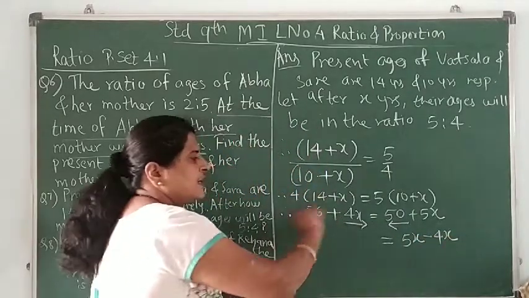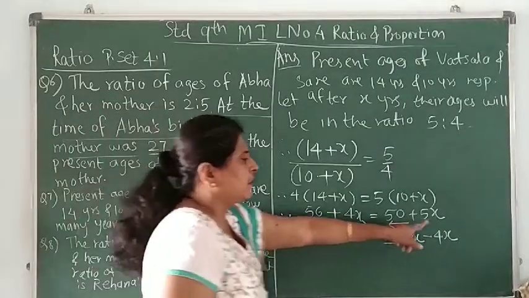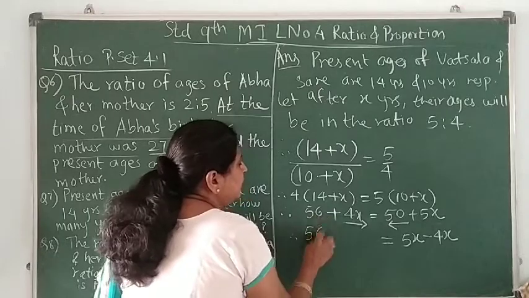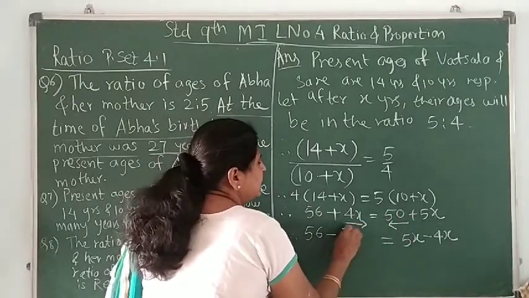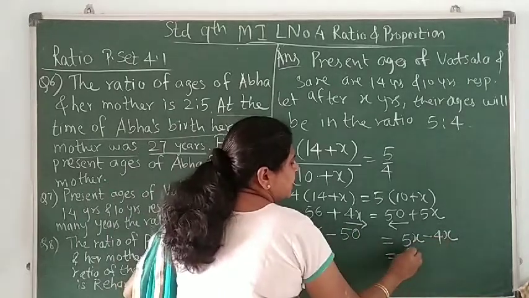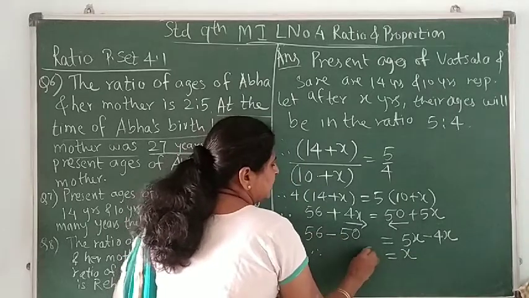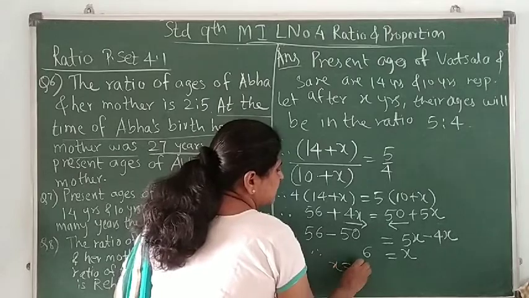Okay, so actually we are subtracting 4x from both sides. 4x gets cancelled here, and here it is minus 4x. And here we want 56 as it is, and 50, which is positive, will come as negative. Okay, so here on the right side we have got 5x minus 4x, that is x. 56 minus 50 is 6. It means x is equal to, therefore x is equal to what? 6.